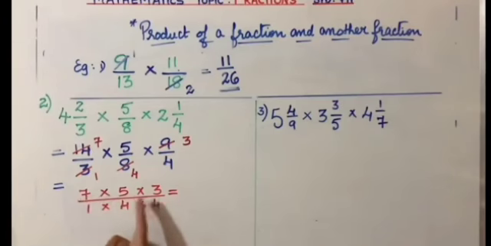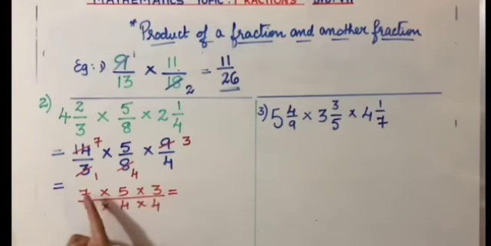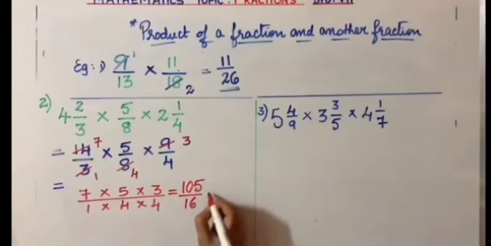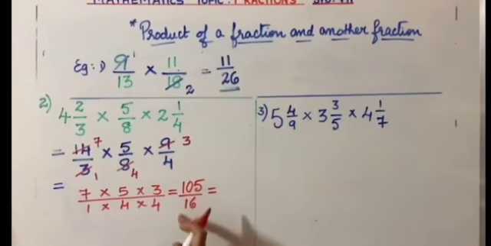So here you can group 5 and 3. So 15 into 7 is 105 by 16. Now you can see they are again co-primes. So you cannot further cancel. If we could, we would have seen it here itself.